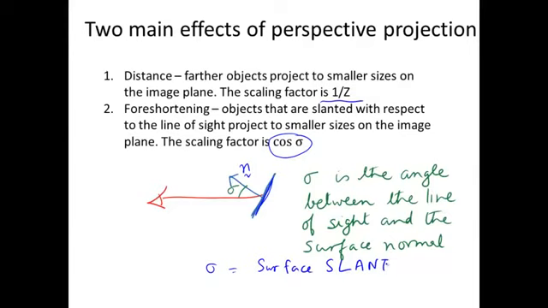We can get into this in a more mathematically precise way later, but I think you can get this notion quite intuitively. These are the two main effects of perspective projection: a distance effect and a foreshortening effect. This is why if we have a circle in the world, it will typically project to an ellipse, and the ratio of the major to minor axis is going to be related to how the circular disk is arranged with respect to the line of sight.